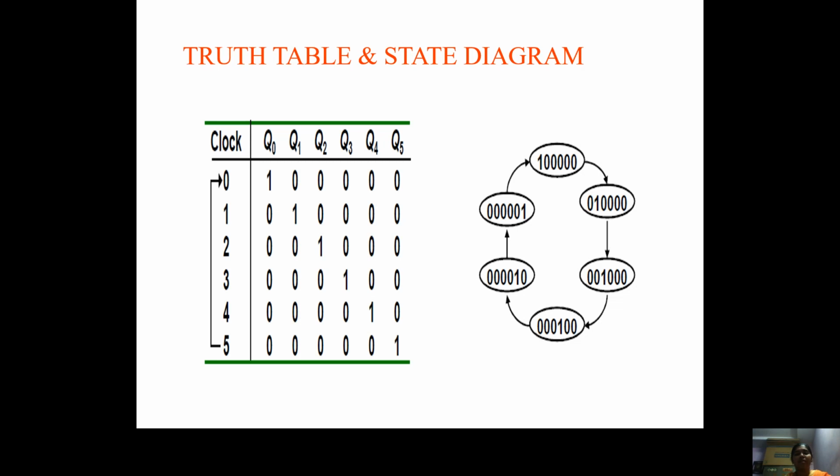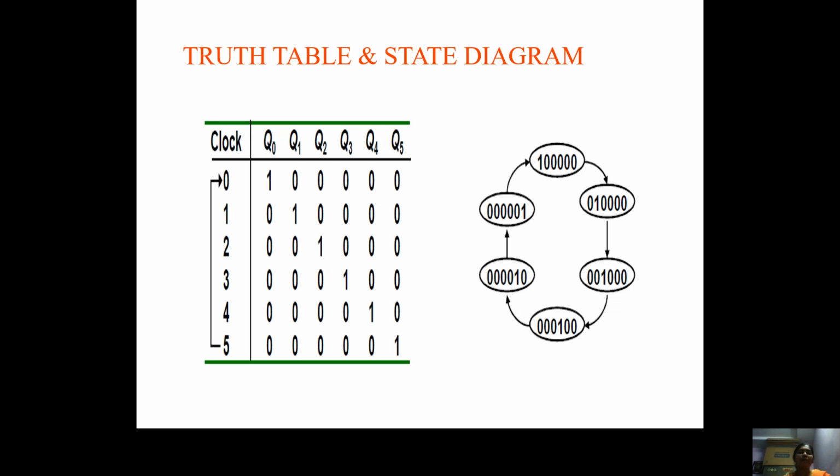And during the occurrence of the sixth clock pulse, since Q4 is 1, the sixth flip-flop is going to be set and its output will become 1. Since this has been fed back to the initial state, it will start the sequence once again, starting from 1, 0, 0, 0, 0, 0.